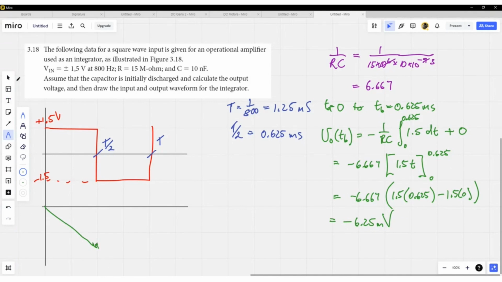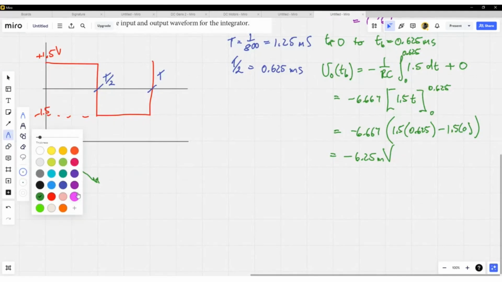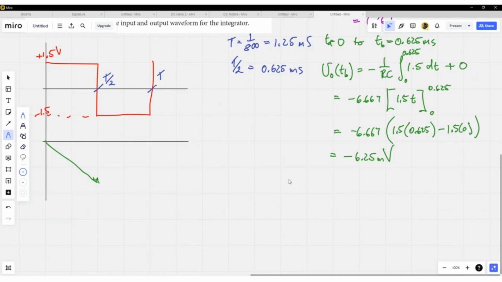Okay, I hope you guys are still fine, just bear with me, we're almost done here. For the second half of the period, the output is going to change a wee bit.